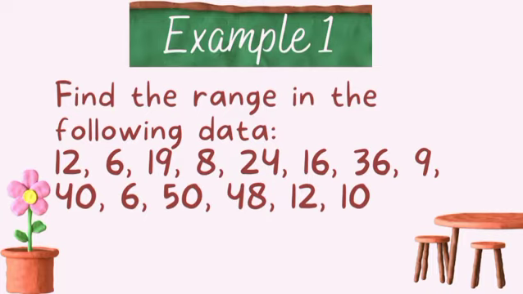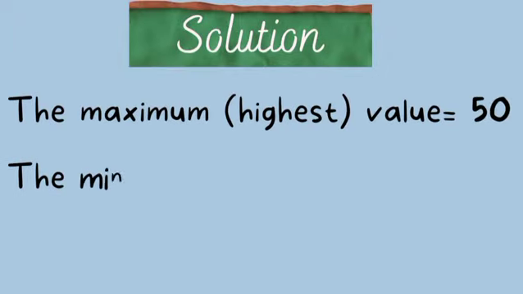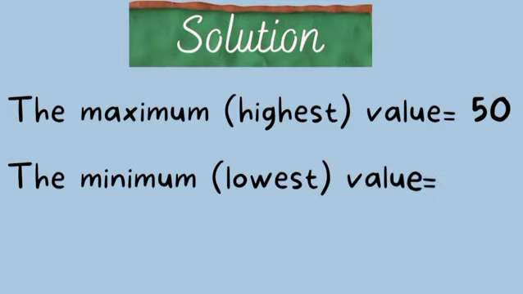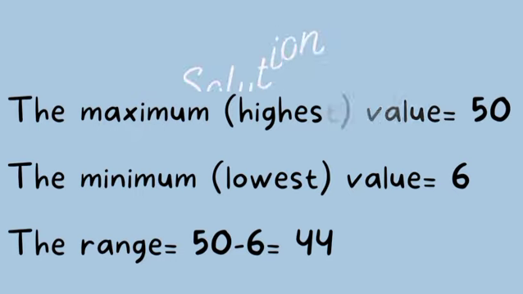Now what you need to do is to find the maximum value, which is the highest value here, is equal to 50. The minimum or the lowest value here is 6. So what you need to do is 50 minus 6, you get 44, which is your range.